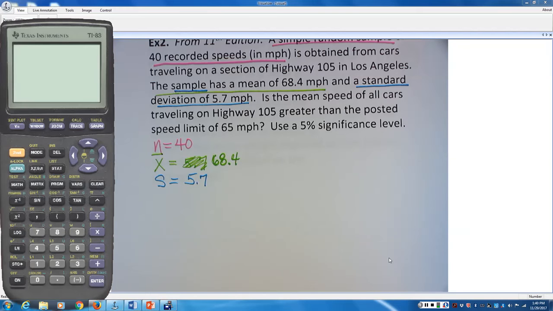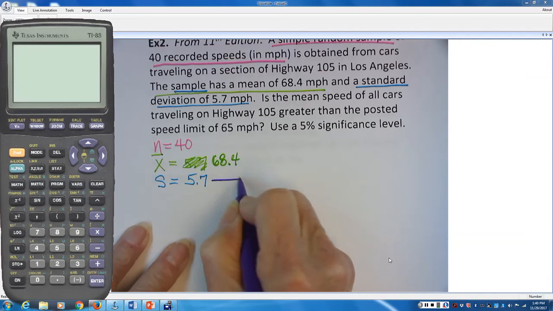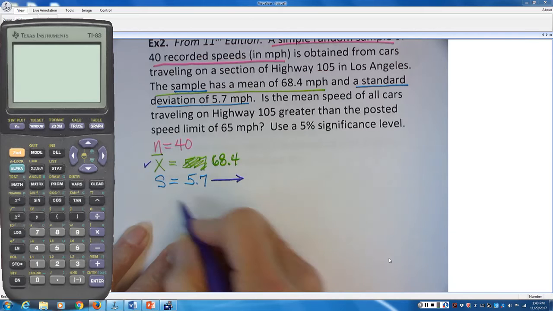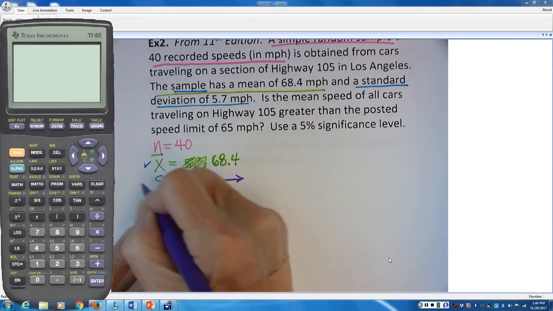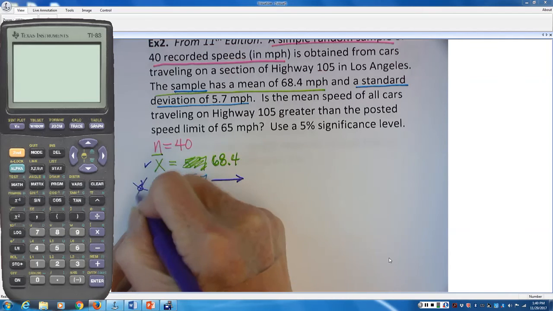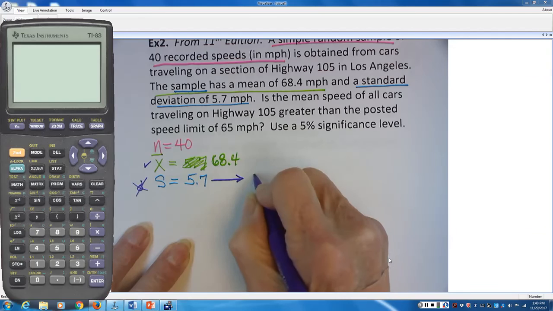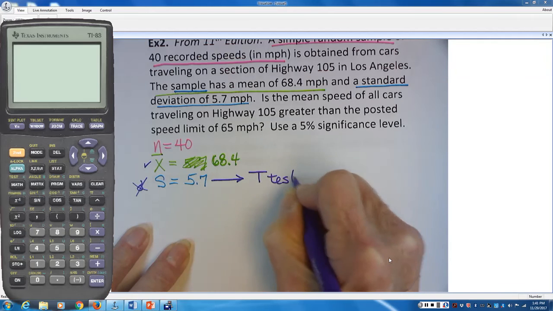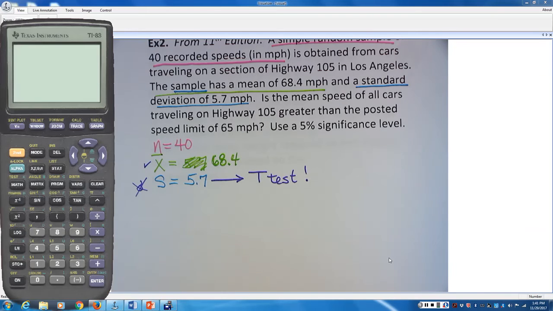That's right. That's very good. As soon as you know that, because you have a mean, but you don't have sigma, you know that this is going to be a t-test. So you've already picked out a very important piece of information. Okay?